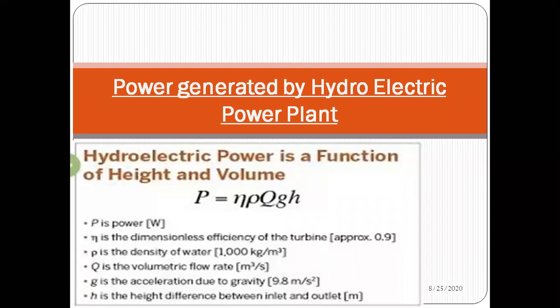So the question is how the power generated by a hydroelectric power plant can be defined. How much power can it generate?